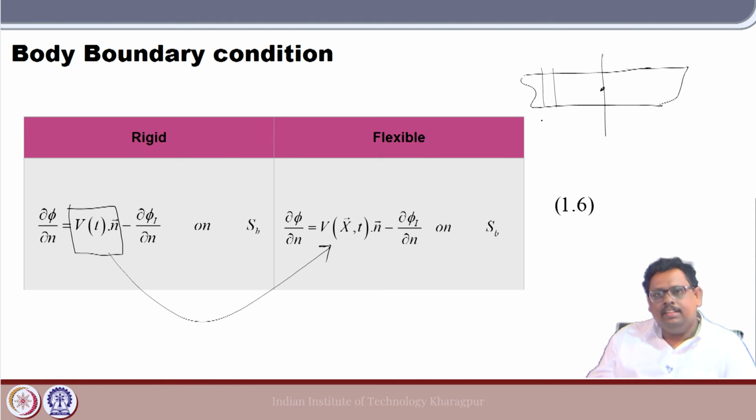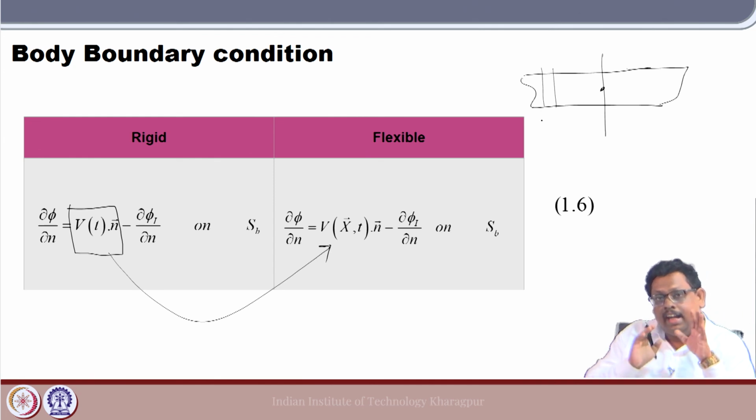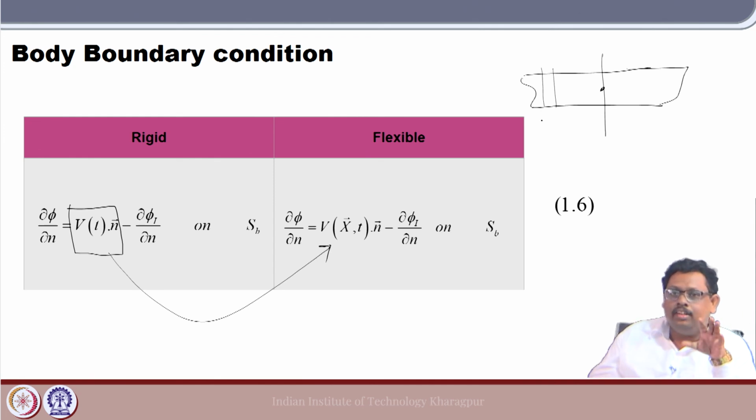In the case of a rigid body, it is only a single point, which is CG, just one velocity of the rigid body which is applied at CG, and then we can use the boundary condition del phi del n equal to this. Now, del phi del n is not a function of time only, it is also a function of space.